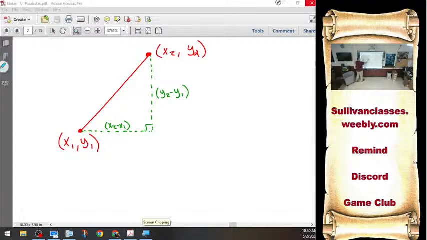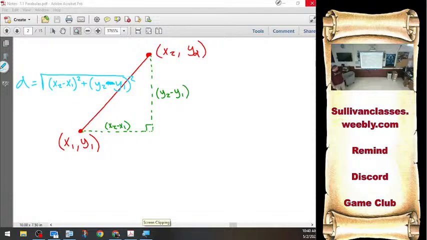So the hypotenuse of this thing is the square root of leg squared plus leg squared. That's my distance formula from way back in geometry, like first chapter of geometry.